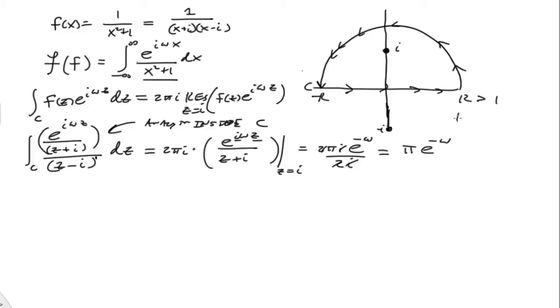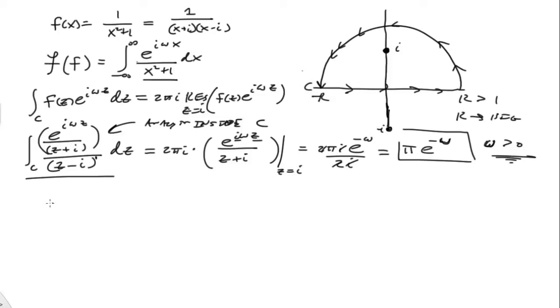Because we're going to take R to be very big, we're always enclosing the singularity, and this contour integral is always going to be the same value, pi times e to the negative omega, for omega greater than 0. We're going to use this assumption a little bit later.